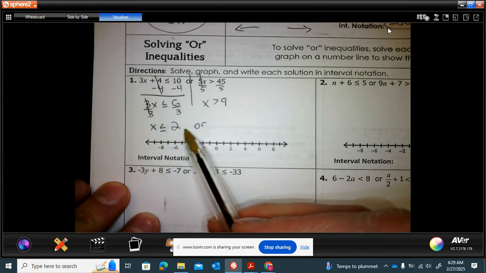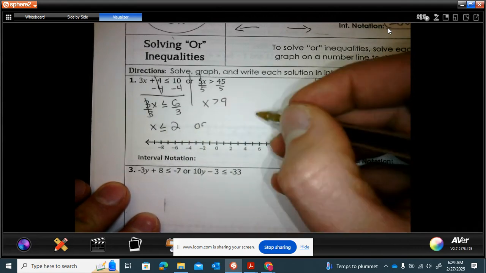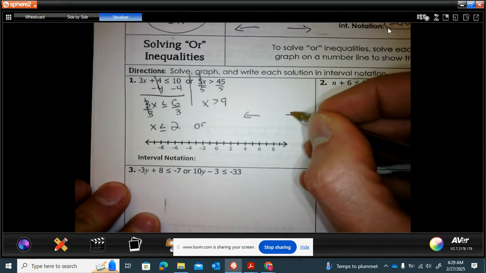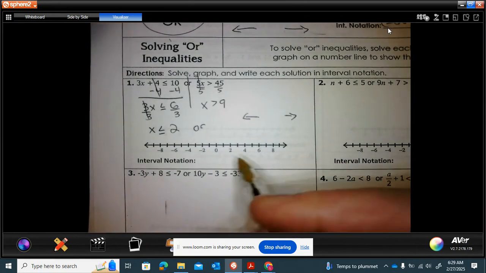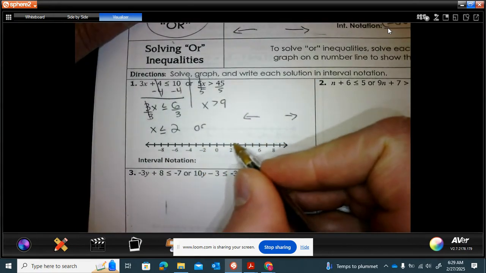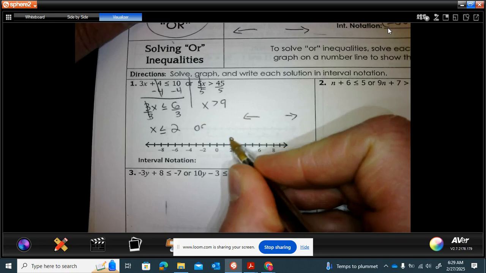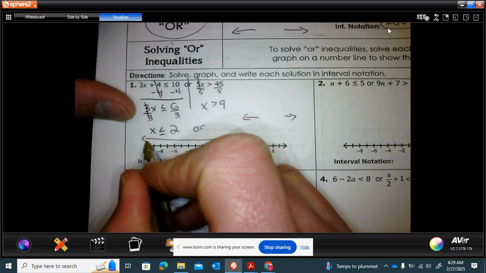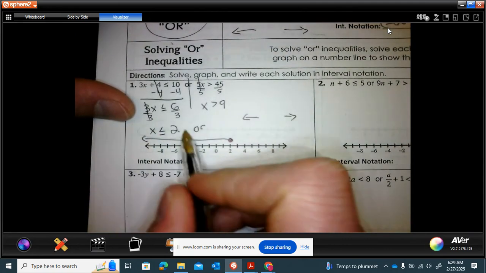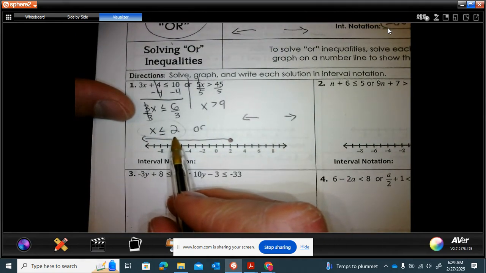So I'm going to plot each of these individually. Because I have or, I know my final answer is going to have an arrow going to the left and an arrow going to the right. So I find positive 2, and I'm going to have a solid line. And because it's less than positive 2, I'm going to shade to the left. So what I did is I graphed that one first.